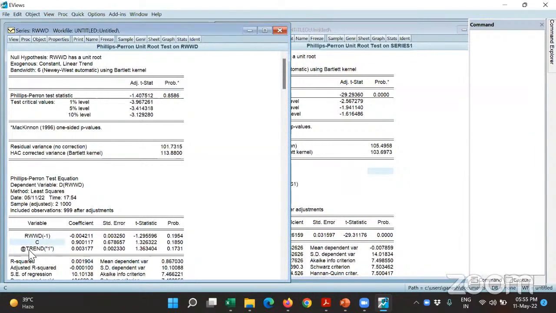Here in this case, it says that the trend is not a significant value. That means your choice of trend in the testing equation is also not a correct choice, because the deterministic trend does not exist. Its p-value is 0.1731, which is greater than 0.05.